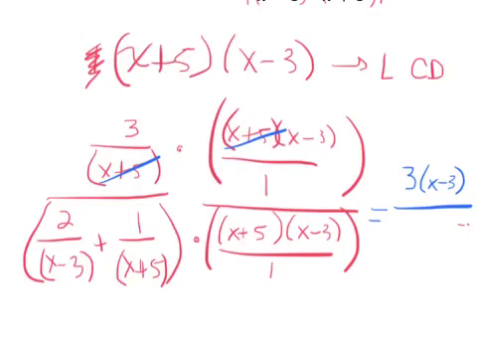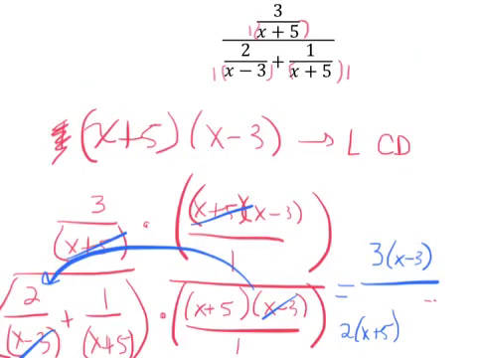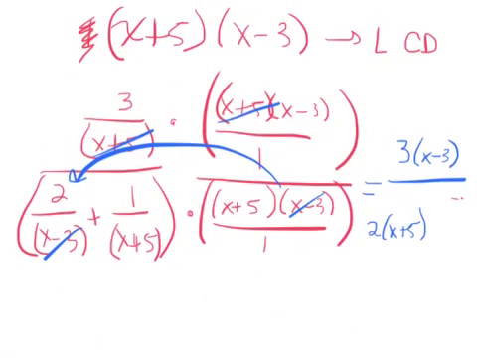So here's what I think about it. I'll do it color-coded. When I distribute this to this one here, these cancel, right? Everybody see that? So we're left with, for that part, 2 times x plus 5. Remember the 2 in the numerator that exists here still. Now, at that point in time, I can go back and think to myself, now when I distribute, remember this is still here, the x minus 3 is no longer canceled.